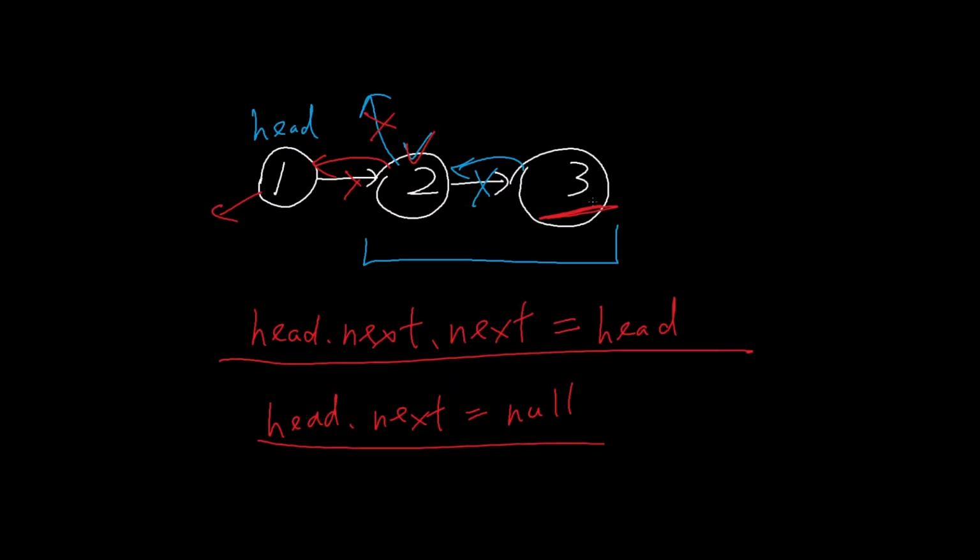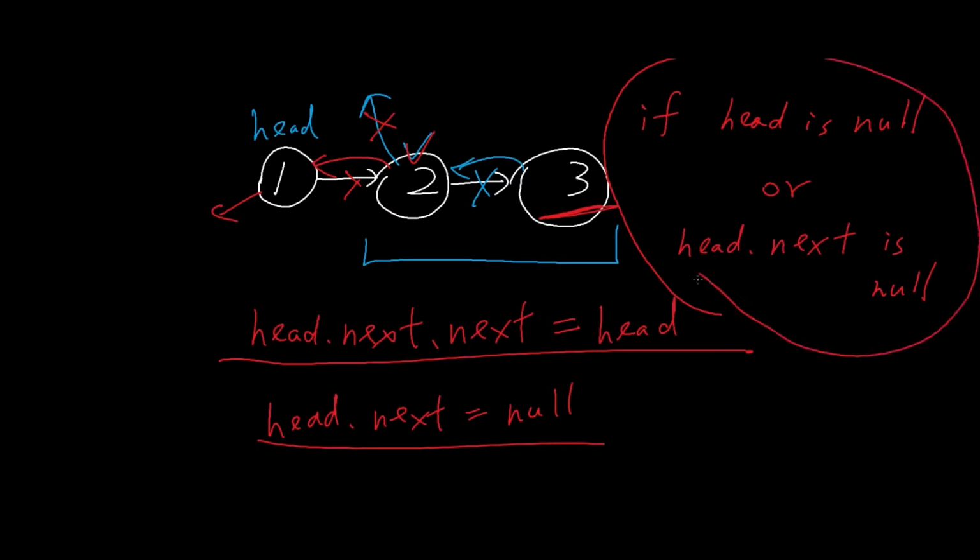So we know in a recursive solution we also need to think about the base case, right? So what's the base case condition? The base case condition is if head is null or head.next is null, then we just return head.